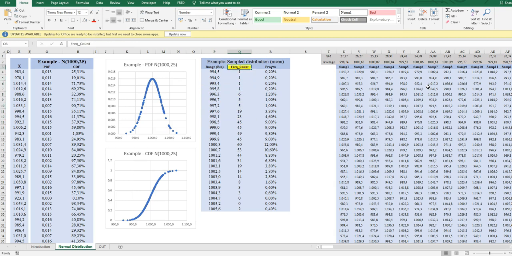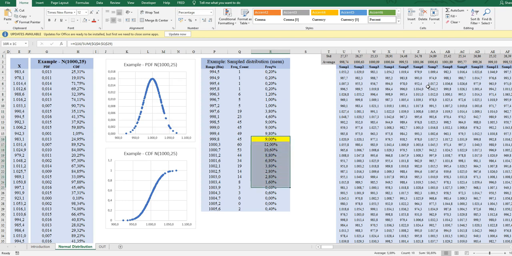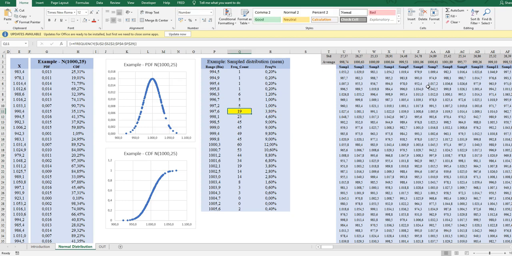So a normal count histogram here, and here are the associated frequency, and we see as we get closer and closer to the mean, we have the highest probabilities. And here we have actual probabilities and not densities, because we are in a discrete universe.